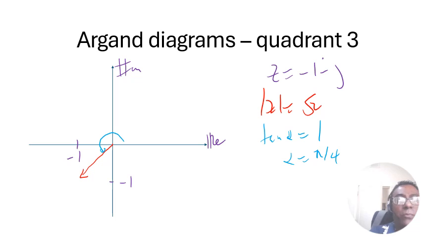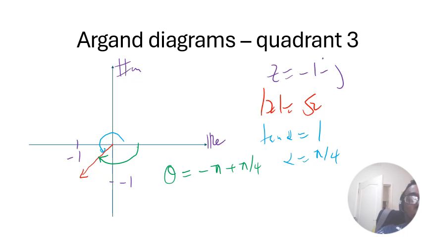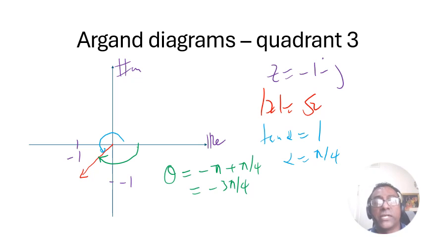So what we do then is work the other way. That's just going to be minus pi plus pi by 4, so the angle theta that we're looking for would be minus 3 pi by 4, and you can check that it lies between minus pi and pi.